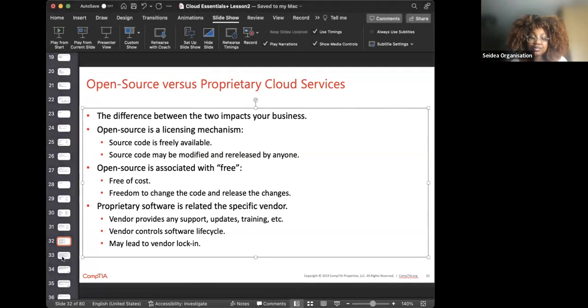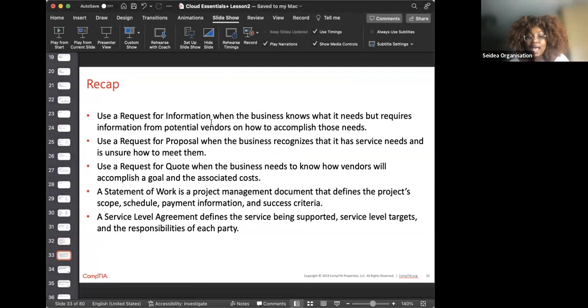Now, a recap of everything we have learned in this section. A use of a request for information is when a business knows what it needs but requires information from potential vendors on how to accomplish those needs. A use for a request for proposal is when a business recognizes that it has service needs but is unsure how to meet them.